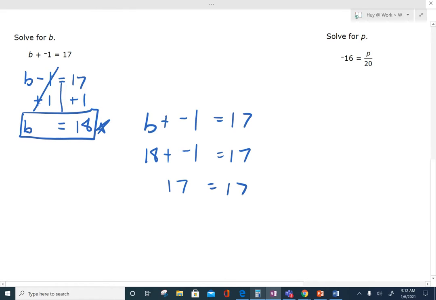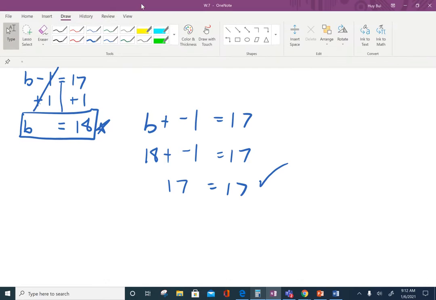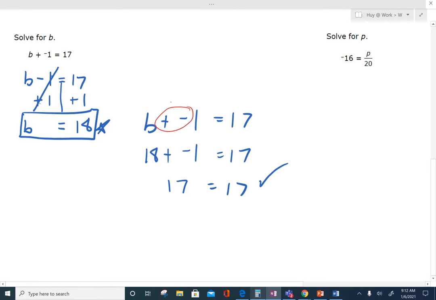So it works to rewrite the equation in an easier way if that makes sense to you. And for me, I personally don't like seeing a plus and a negative. It's like seeing two signs next to each other.